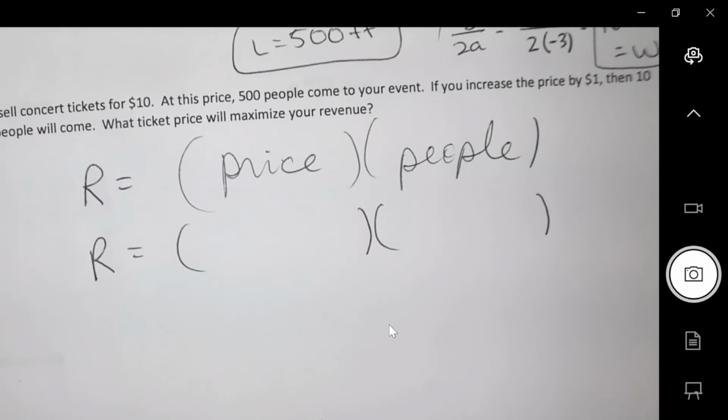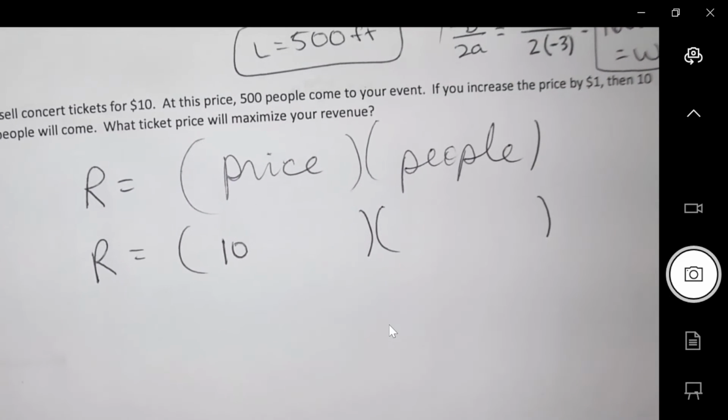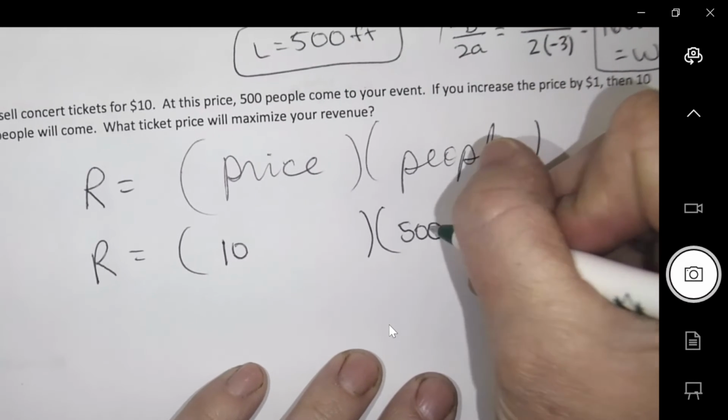Okay, so that's what I'm doing. I'm going to leave myself some brackets and we'll put it all in. Okay, the ticket price, we started at $10. The people started at 500 people.